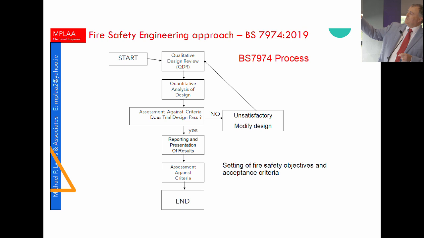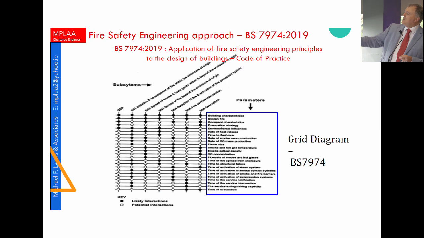And within 7974 is a very good matrix for all the different subsystems versus all the different parameters that you need to think of. And all the parameters are typical things: the fire safety measures, details to do with the occupants, the combustibility of your linings and walls and ceilings and even on your floors, the content, furniture, the activities, the materials that are stored or brought in.